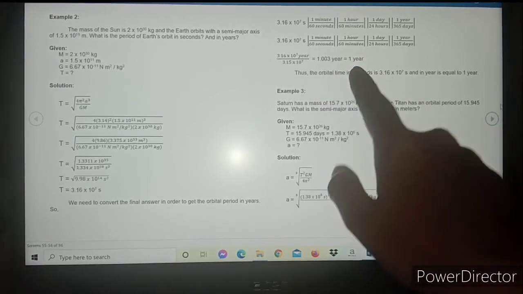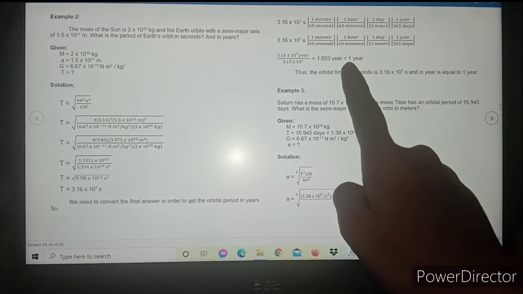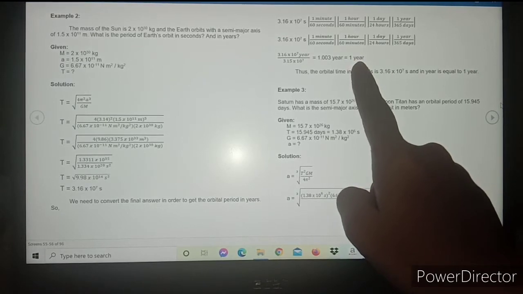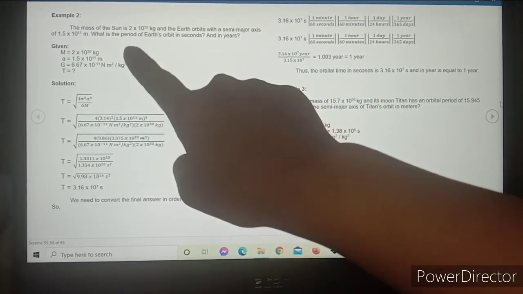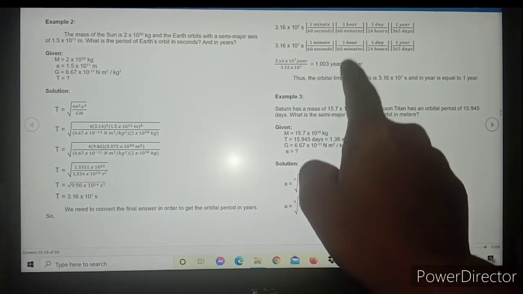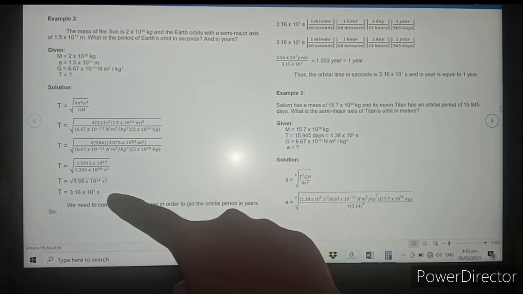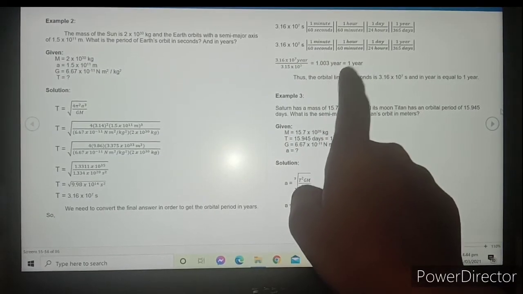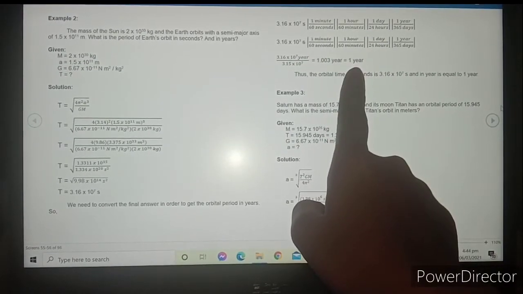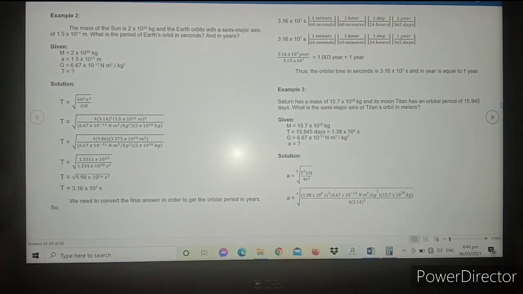So, in a whole number naman po, so 1 year pa rin yung kalalabasan natin. Okay? So, ang final answer natin for the given values, so in seconds, we have 3.16 times 10 raised to 7 seconds. So, in year, we have 1 year. Okay? So, I hope that you get it.